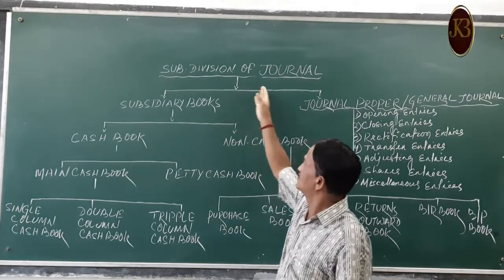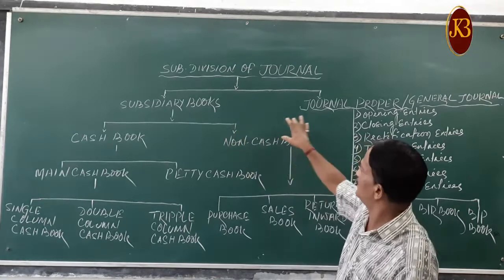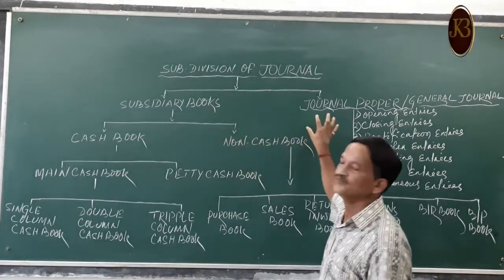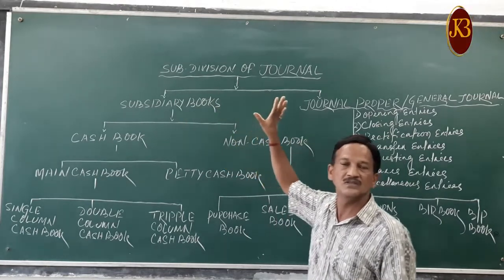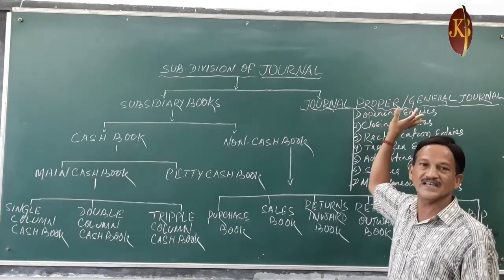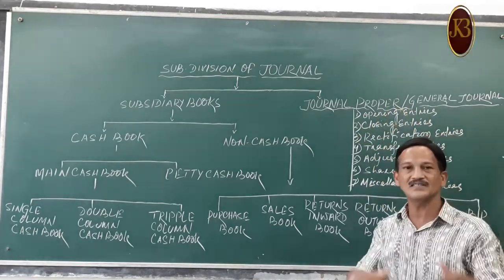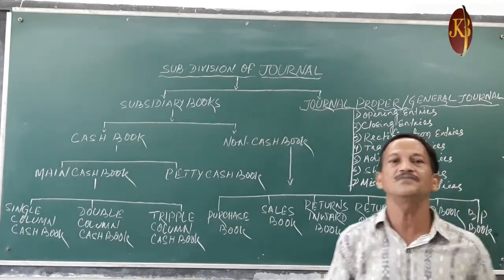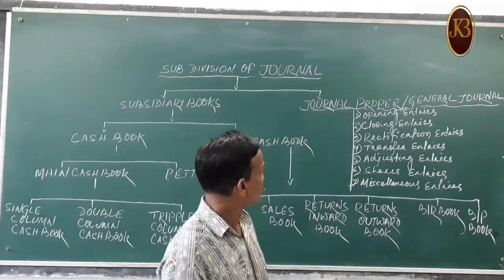This subdivision of journal, or the classification of journal, is mainly done into two categories, that is subsidiary books and journal proper or general journal. Journal proper or the general journal is the same as the recording of journal entries in the books of journal.